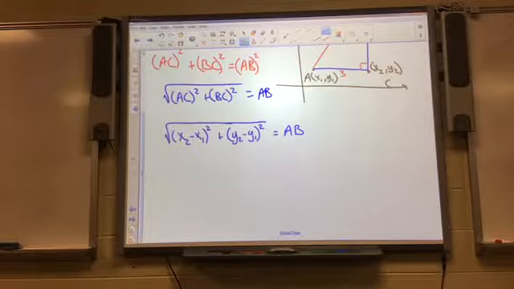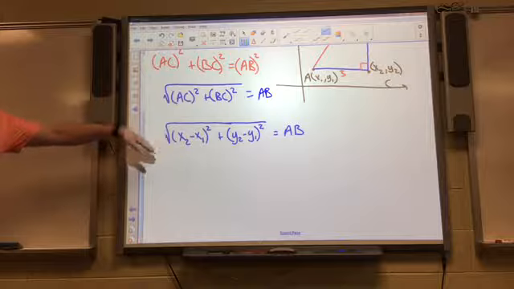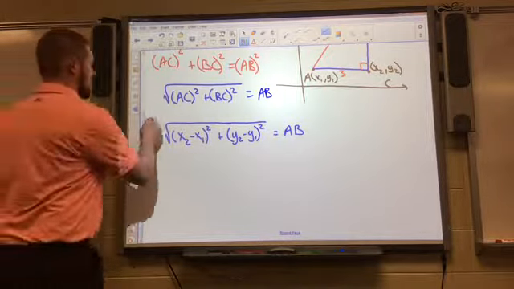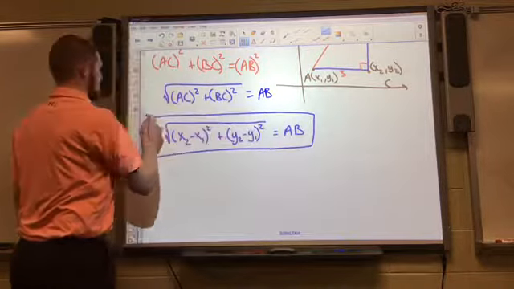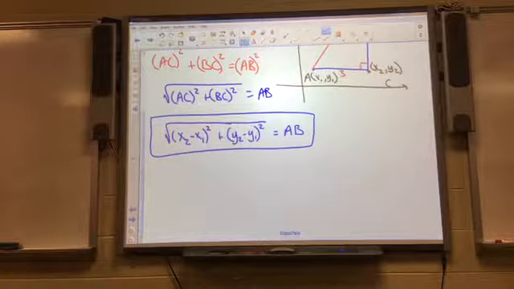Right, but it's just Pythagorean theorem written in a different way. So that's what I want you to understand out of this. No matter what, you're still using your Pythagorean theorem, but that would be your distance formula. So if you forgot distance formula, should you still be able to plug it in with Pythagorean theorem and find it? Yeah.